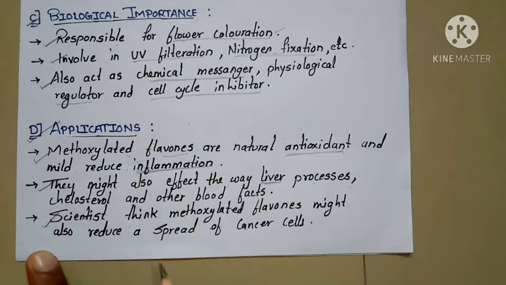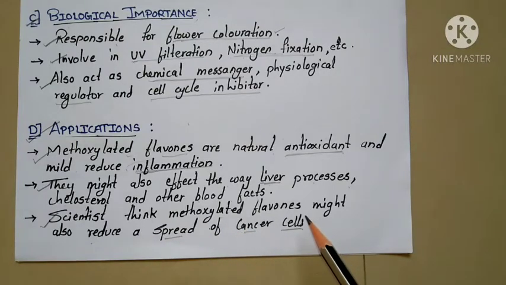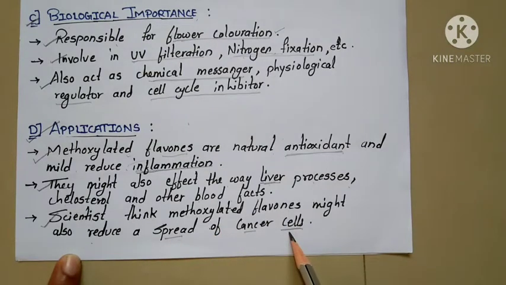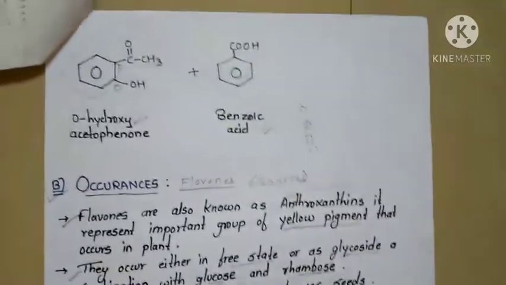Then last one is scientists think methoxylated flavones might also reduce spread of cancer cells. Scientists think that methoxylated flavones could be used in treatments to control the spread of cancer cells. So that is your flavones part.